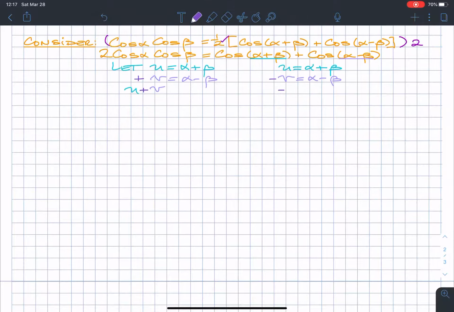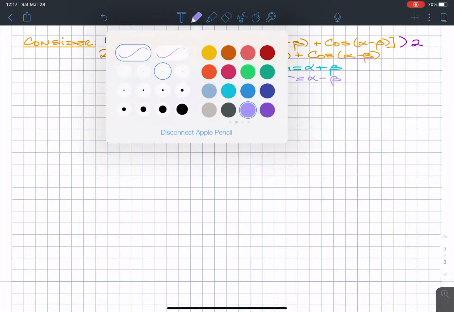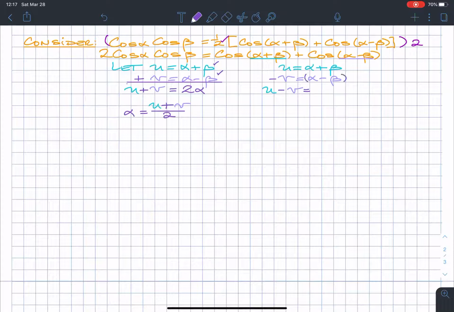And what that yields is that the betas reduce, and I end up with twice alpha. Dividing by 2, I get that alpha is equal to u plus v all over 2. Similarly, on the right, if I take the difference, u minus v, that negates the right-hand side, so the alphas reduce, and I get 2 positive betas, so beta will be u minus v divided by 2, when I divide both sides by 2.